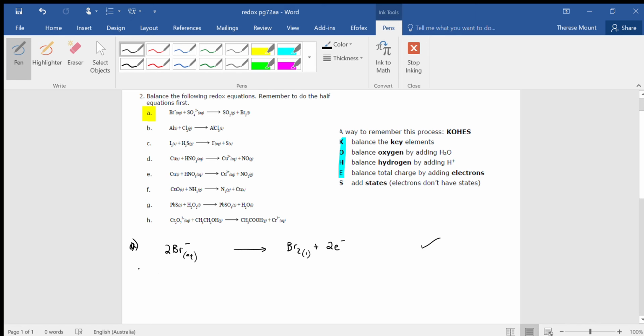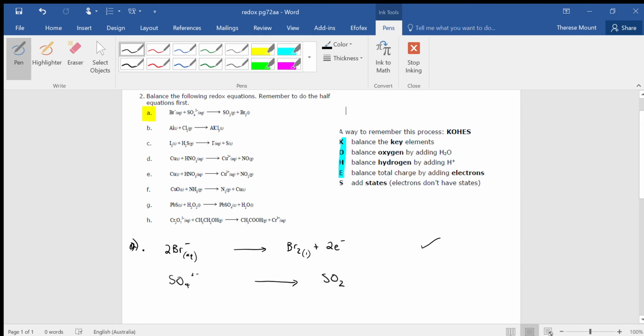So my second half equation, my skeletal equation, let's start by writing that. I'm going to give myself plenty of room here. Sulfate ion to SO2. Okay, so balance all the key elements.